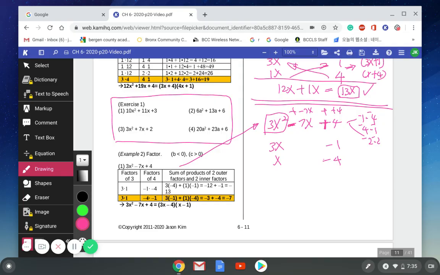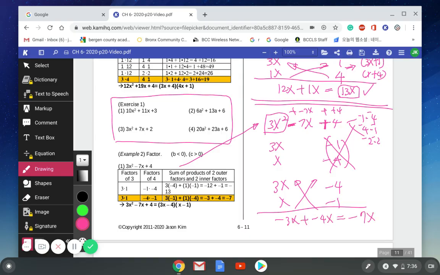So when I try -1 and -4, it's already -14, and so it becomes -13. So it didn't work out. So I'm going to try 3x and x with a -4 and -1. When I cross multiply this combination, I got -3x with a -4x, which makes a -7x. Bingo.